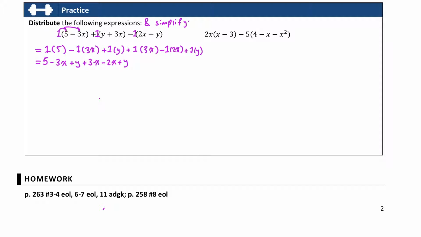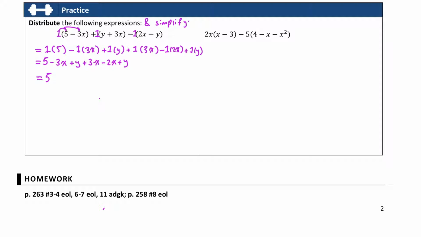But moving on here, I will collect my like terms. I can see that 5 is the only constant amongst all the terms, so I will have 5. And then in terms of like terms that have x as their variable, I have negative 3x plus 3x minus 2x.